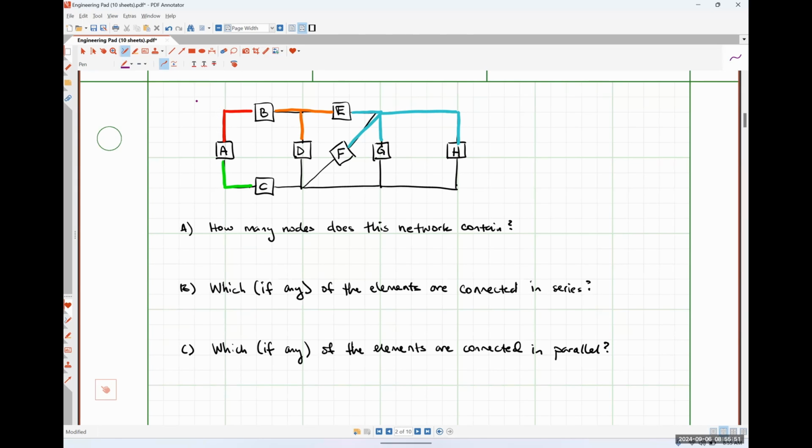And let me use purple. We've got this node on the bottom where C, D, F, G, and H are connected. So I believe that that is 5 different nodes. So great job. Anybody have any questions on how we identified our nodes here?